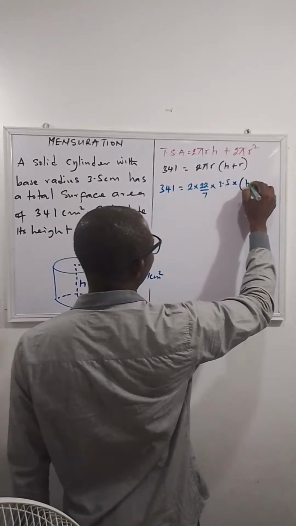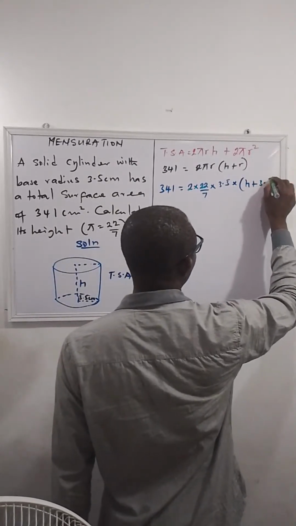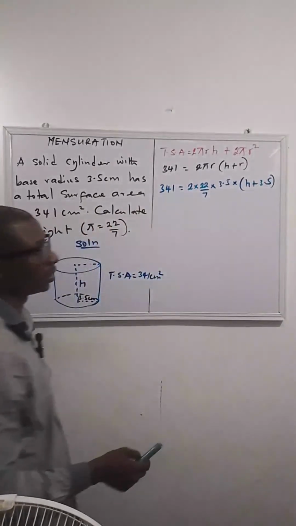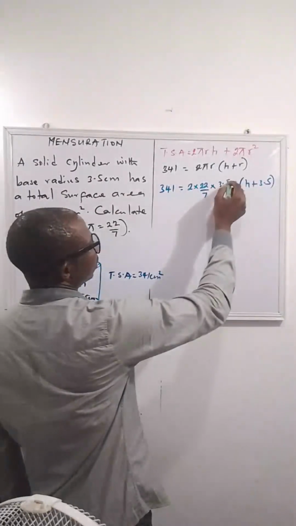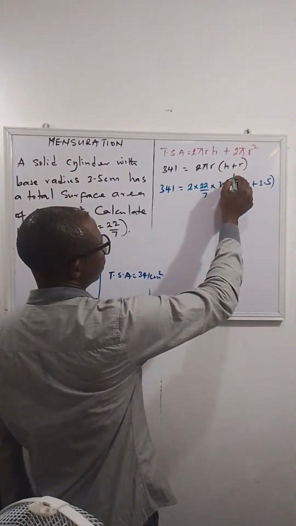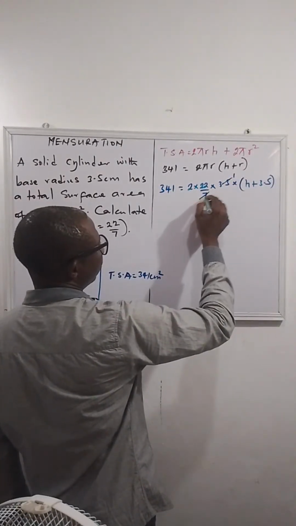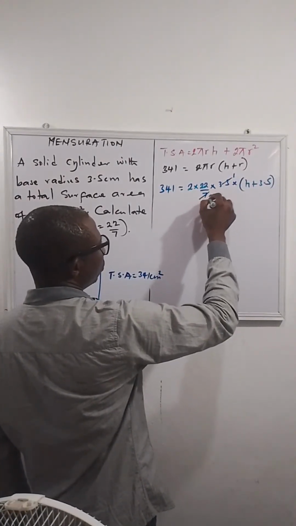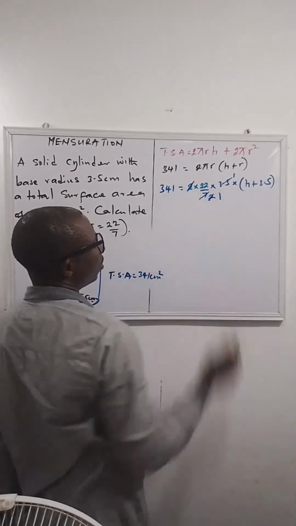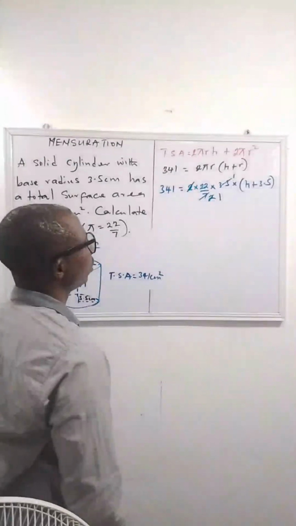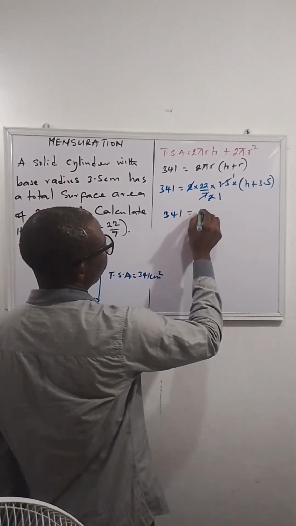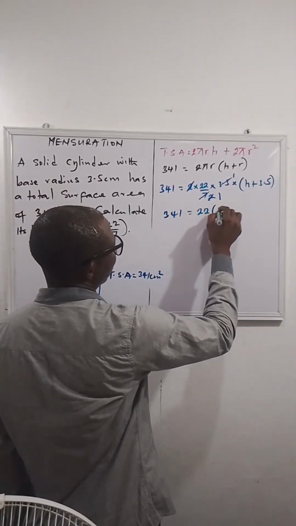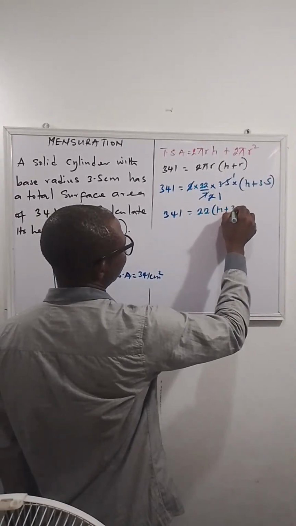That's what we are looking for, plus 3.5. I hope you understand that. Let's look at it now. 7 goes into 3.5 twice, then 2 goes into 2 once. So what we are left with now is 341 equals 22 times (h plus 3.5).